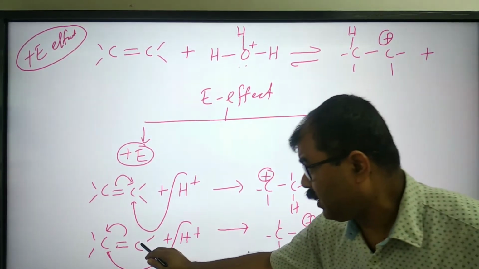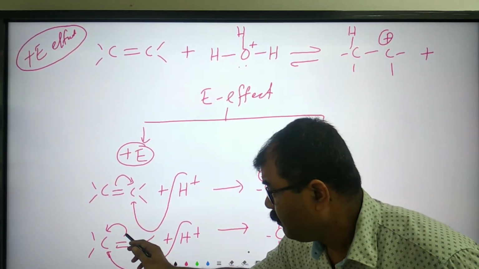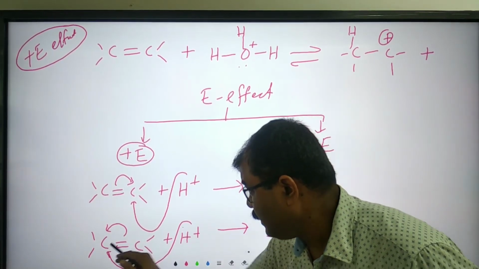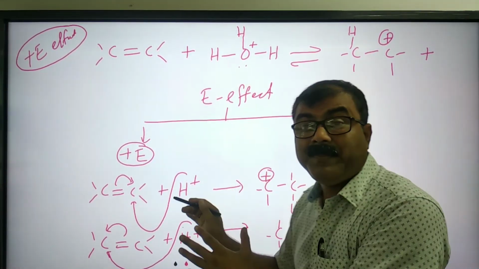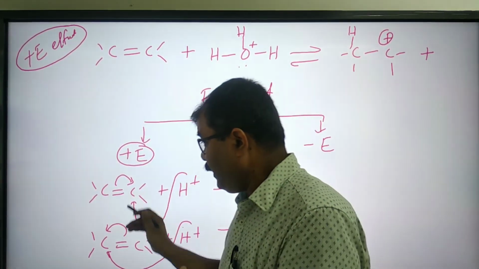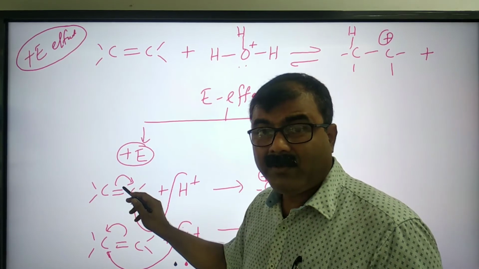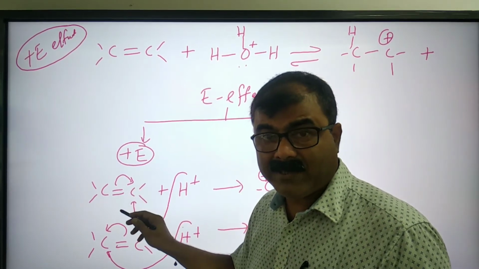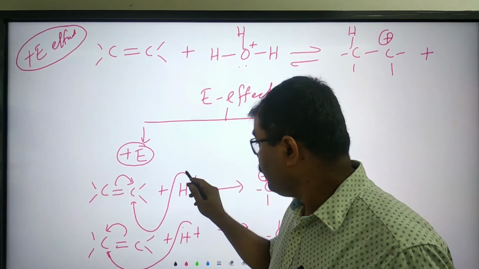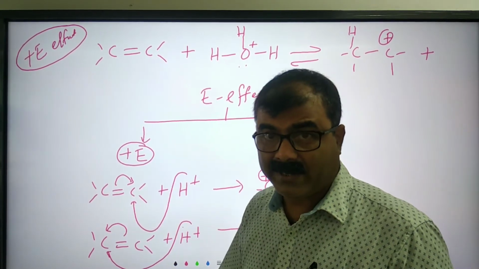Electron deficiency will occur in this carbon because pi electron movement is taking place towards the attacking reagent. So what is basically the plus E effect? In this effect, pi electron transfer takes place to that atom to which the attacking reagent attaches.